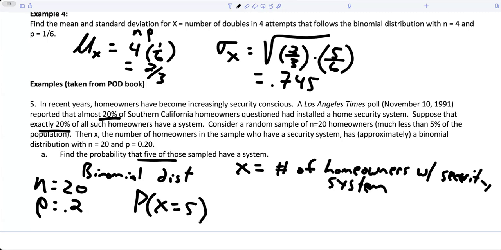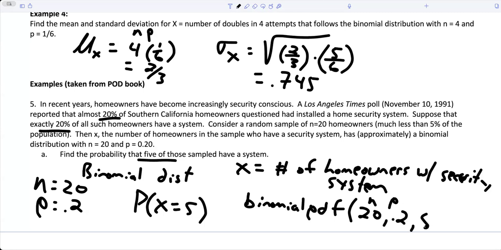So this is one outcome, so it's binomial PDF. We got n equal to 20, p equal to 0.2, and my x is 5. If you put that into your calculator, you should get 0.175 again.